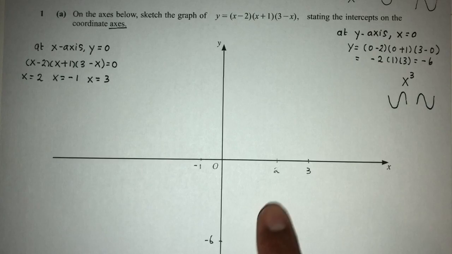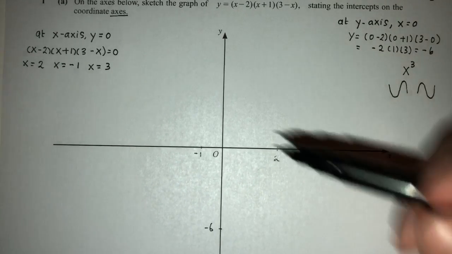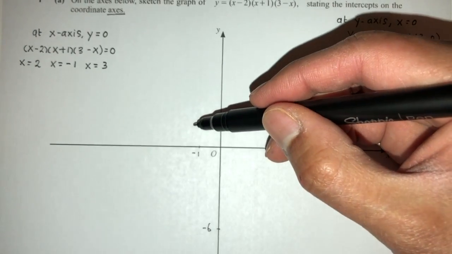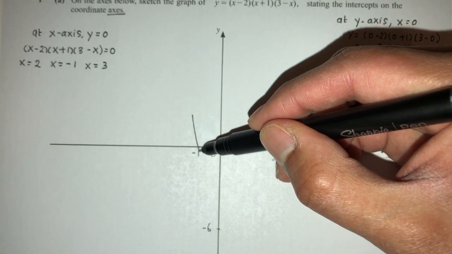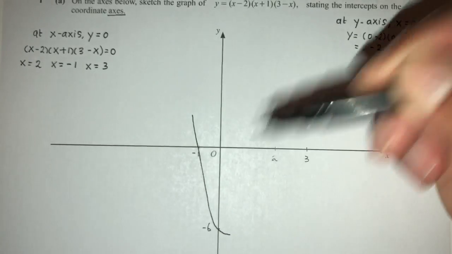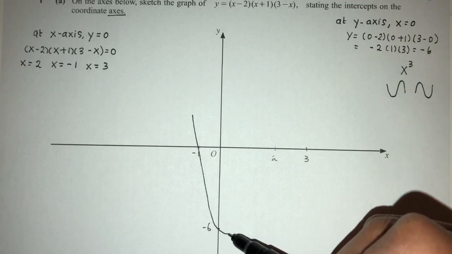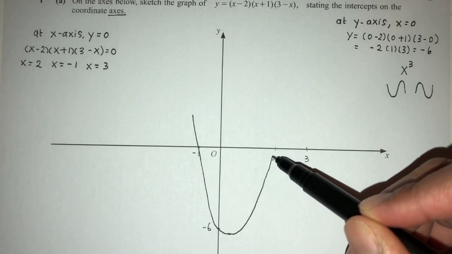So this one, what shape will it have? If you observe, from the left going to the right, you can see that the curve is going down, so you can just join those two. Going down. And then if it goes down, it will have to go up again, so we can do that. So going up, doing those two.